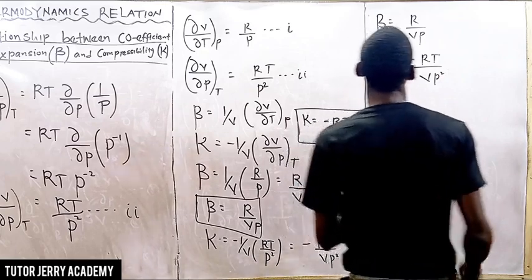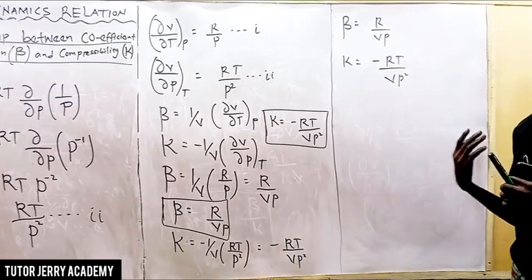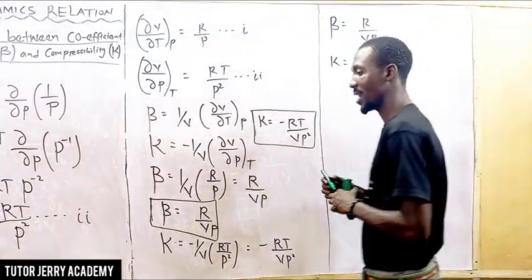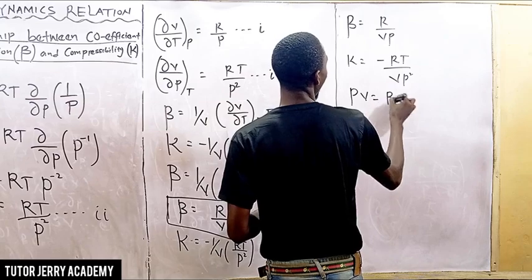All right. So now from here, I know that from perfect gas, PV is equal to RT.